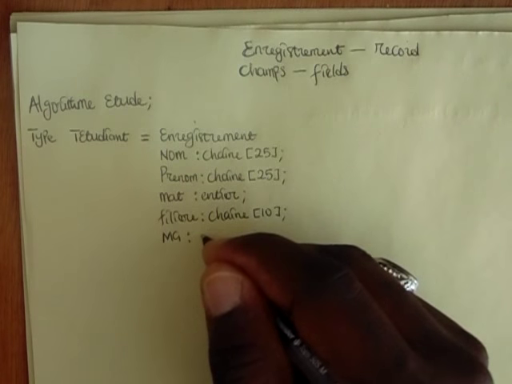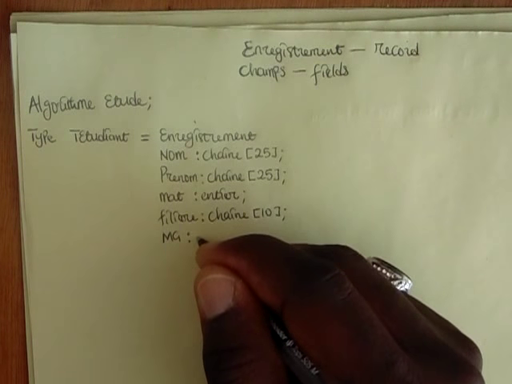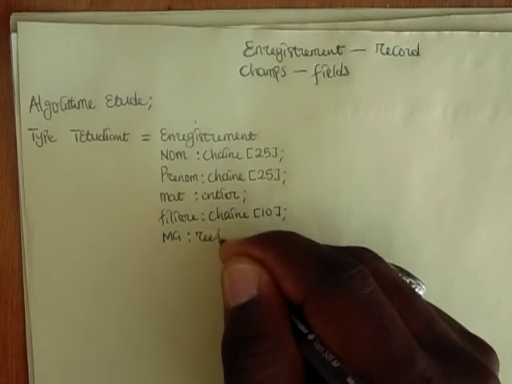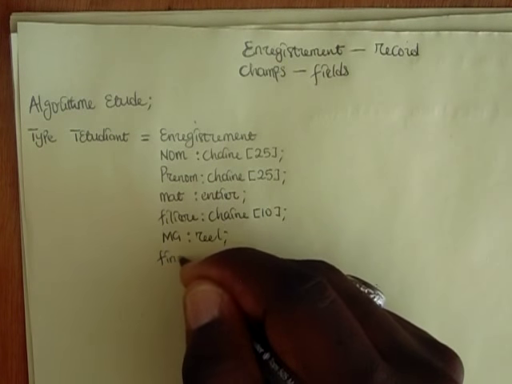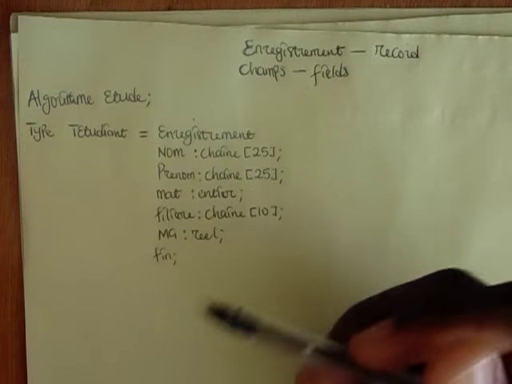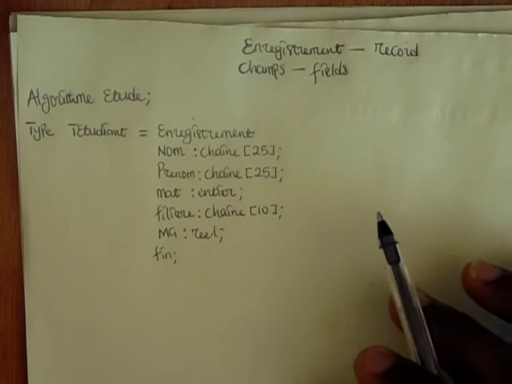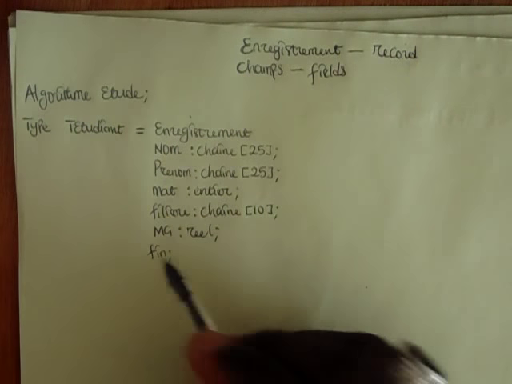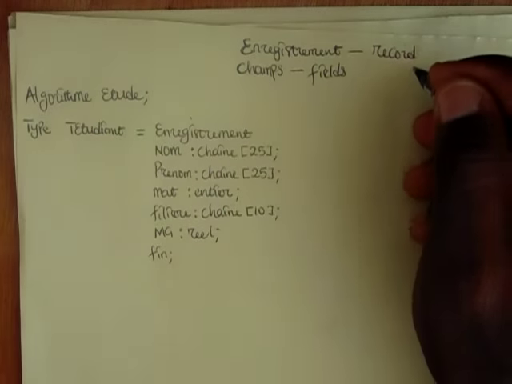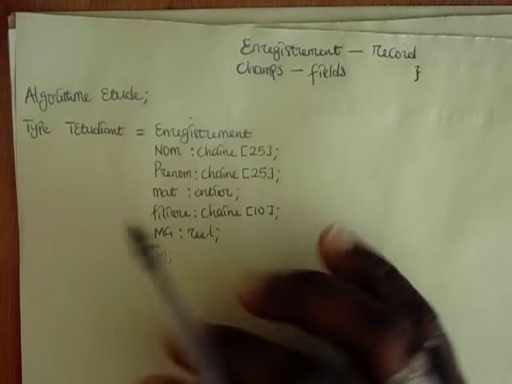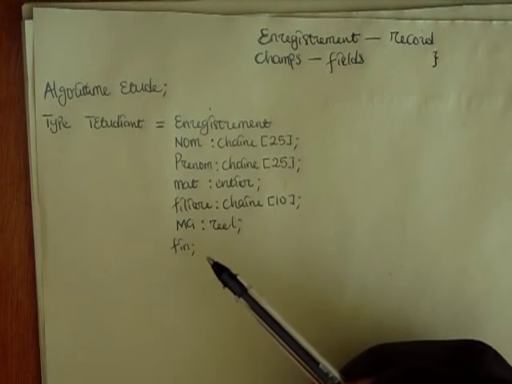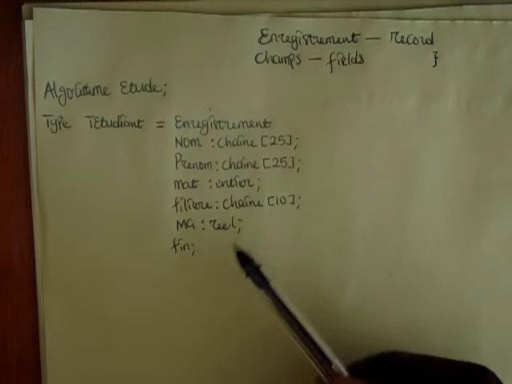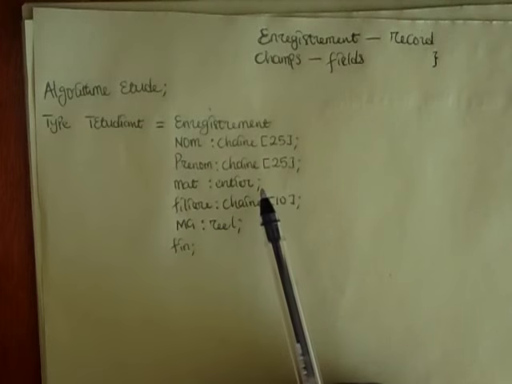So a GPA is a floating variable, which is réel in French. So we write fin. This fin, in C, when coding it on an IDE, will be the curly braces which close like this. So we need the variables that will be associated to this record.